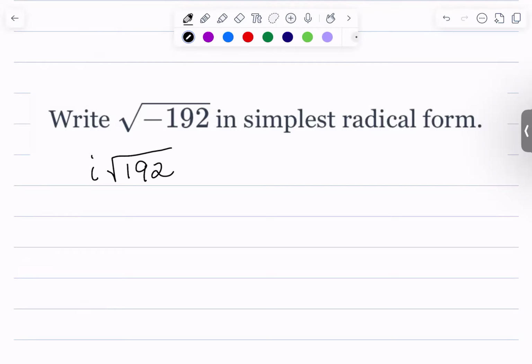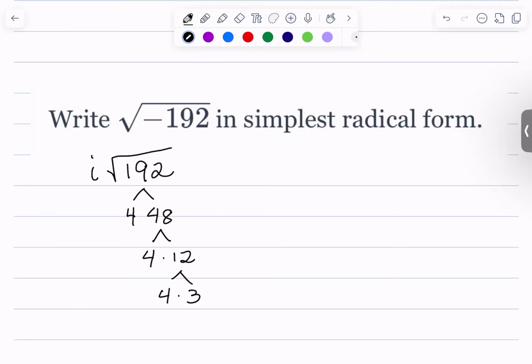I know that 4 goes into 192. You can take out a 4, right? 192 divided by 4 would be 48. And 48, we can break that down into another 4, right? 4 times 12. 12, you can break that down to another 4, 4 times 3.